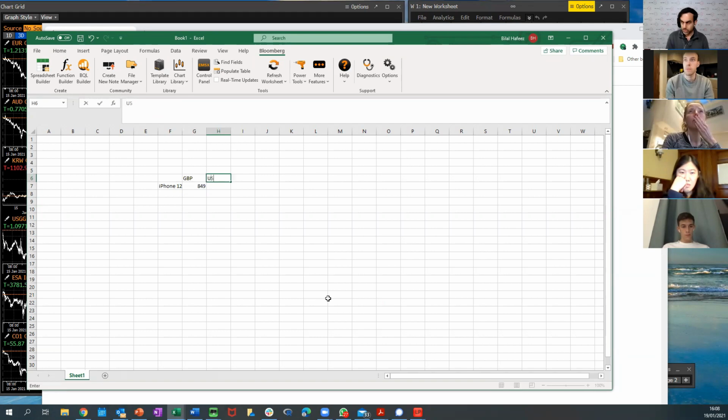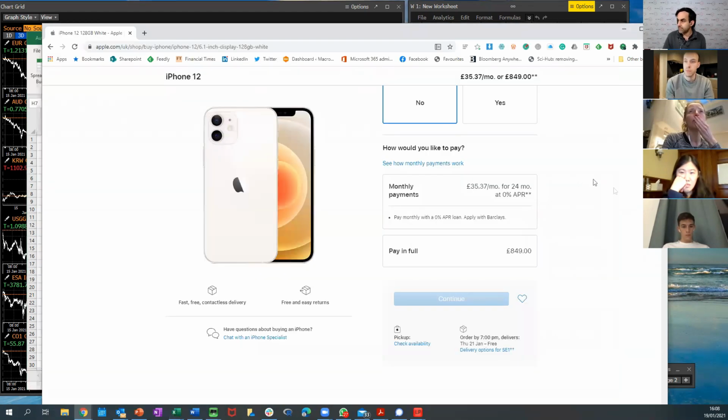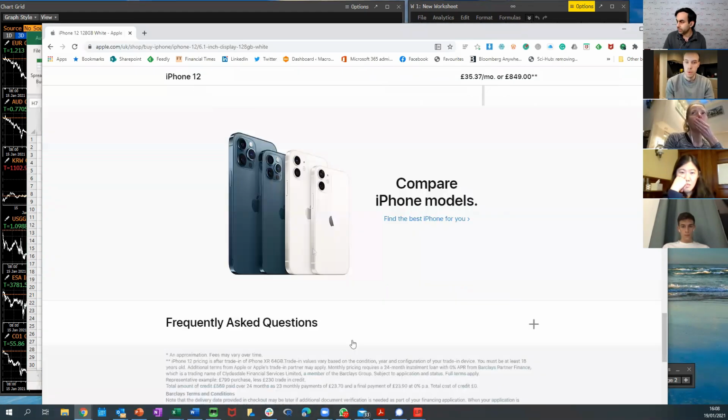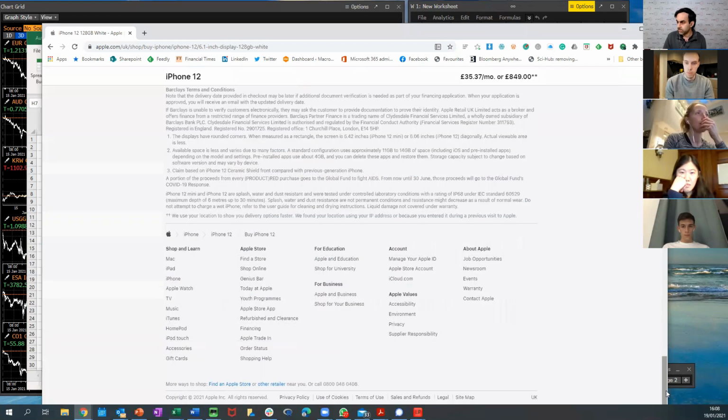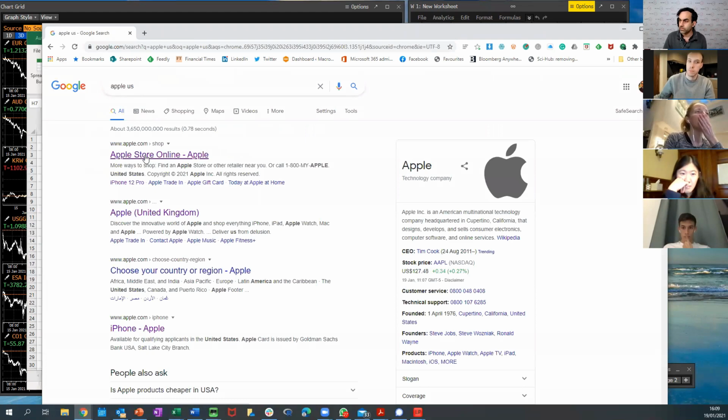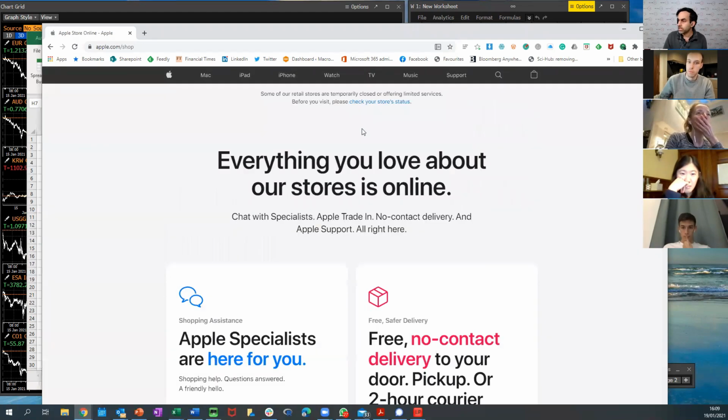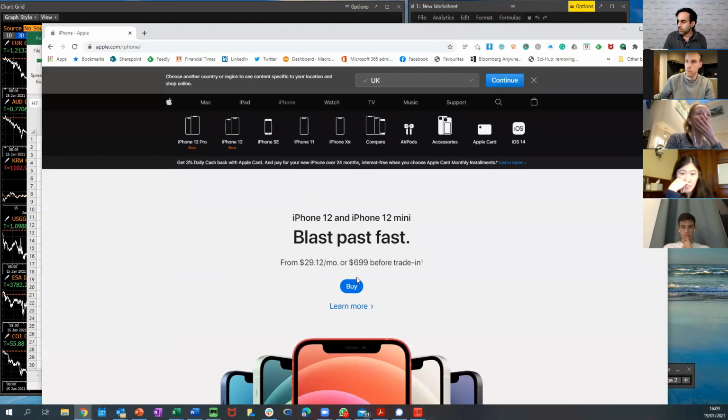Now let me see what the price in the US is for the same product. If I flip to the US store, let me just quickly work out how to switch. Apple US. Okay, yeah, this is the US site. So I will now buy the iPhone 12 in the US.